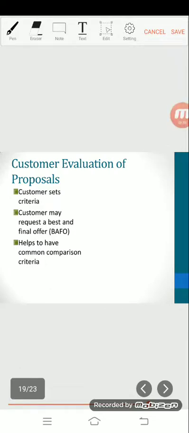After an initial evaluation, the customer may also ask a few contractors to submit a best and final offer, which is BAFO. This gives the contractor one last chance to reduce its price and possibly win the contract.